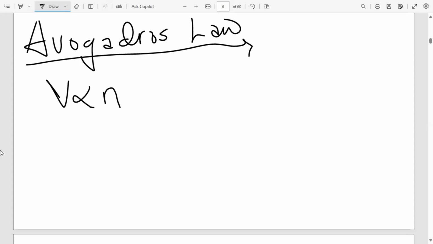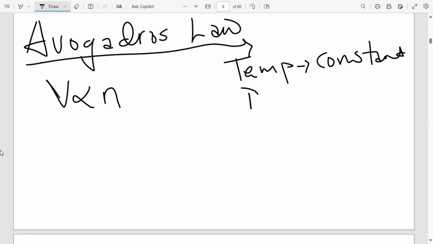So volume is directly proportional to the number of moles of that gas when temperature is constant, but also pressure is constant, like this. So how can we come up with an equation for this?